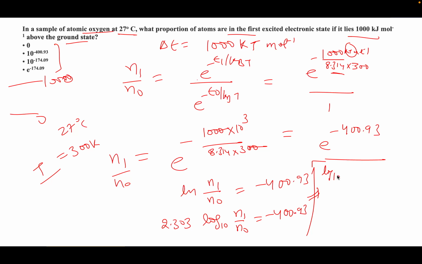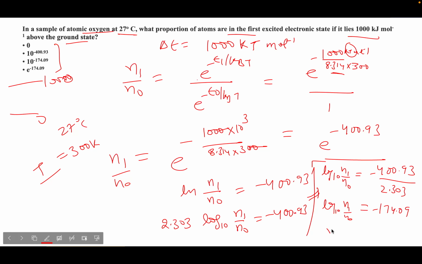Now log base 10 of N1 by N0 is equal to minus 400.93 divided by 2.303, so it is minus 174.09. So N1 by N0 is equal to 10 to the power minus 174.09. So here is the answer.